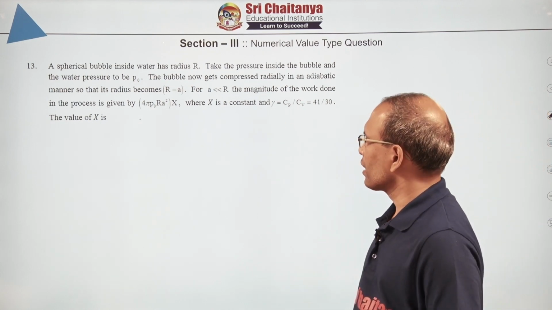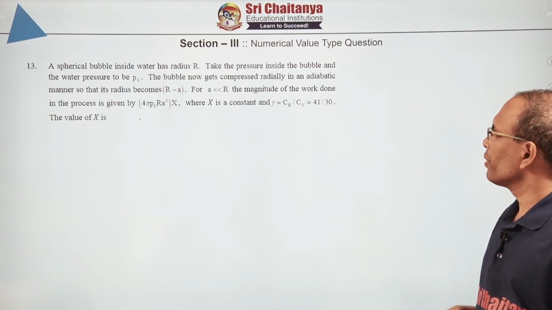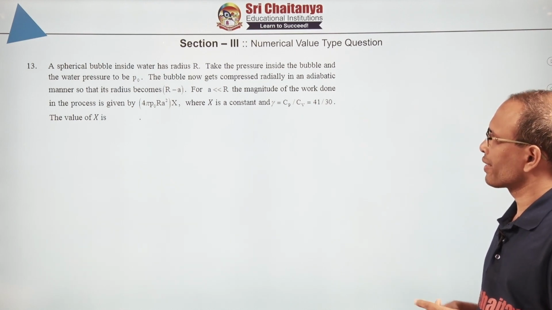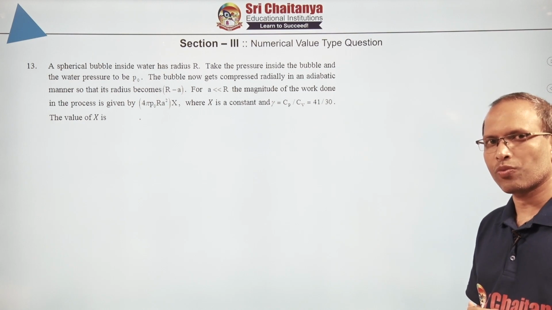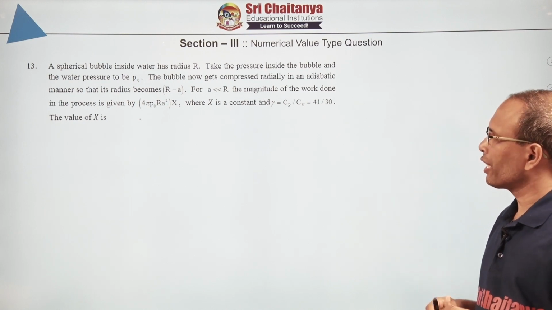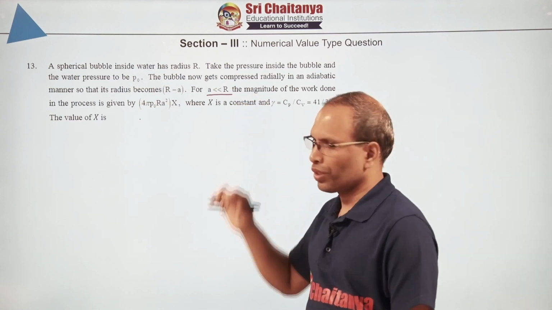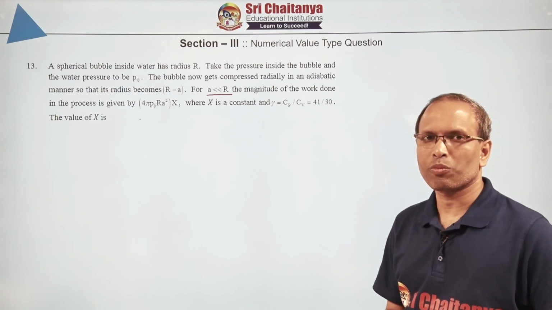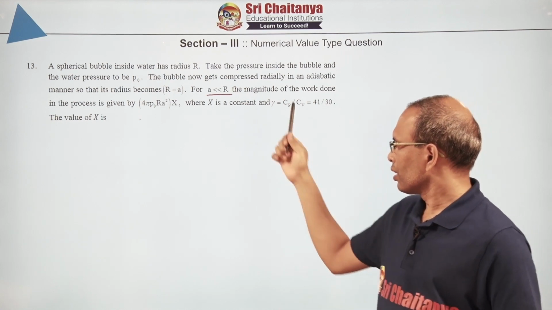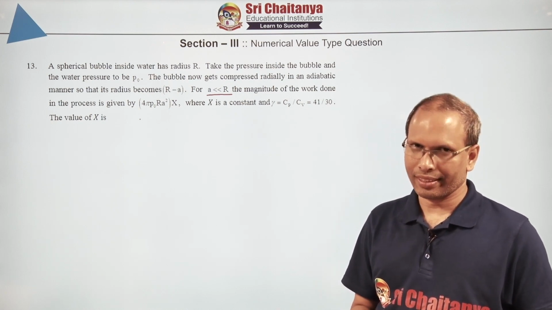So here a spherical bubble inside water has radius r. Now assuming the pressure inside and outside to be the same, P naught, that means ignore the effects of surface tension. Now it is compressed in an adiabatic process till the radius has become r minus a. Here a is very small compared to r, so we can say the changes are very small, and that is the approximation we can take.